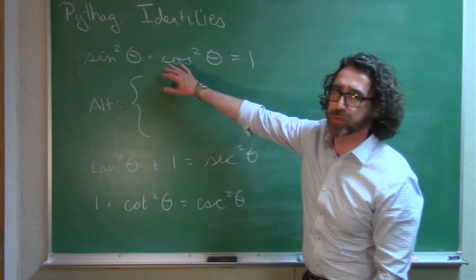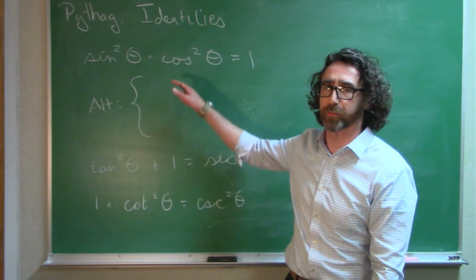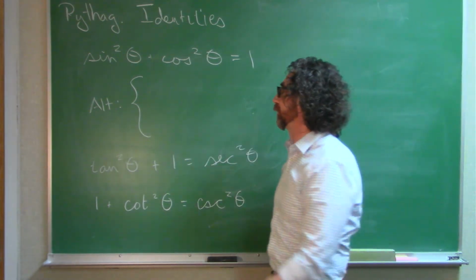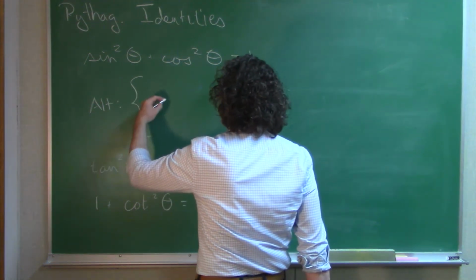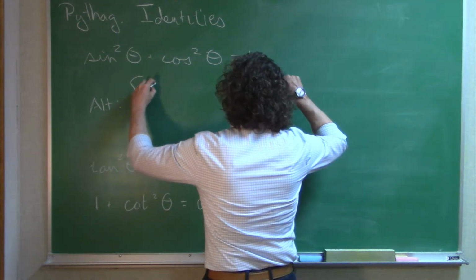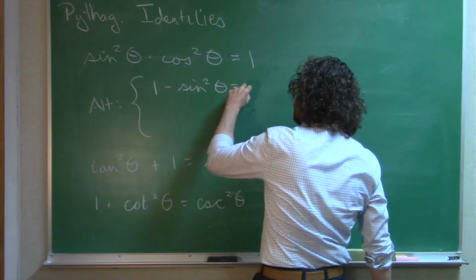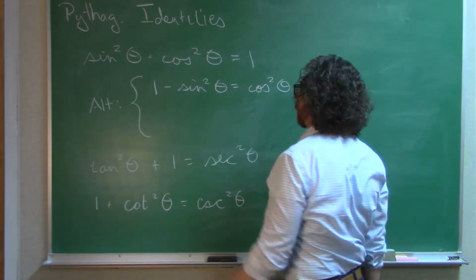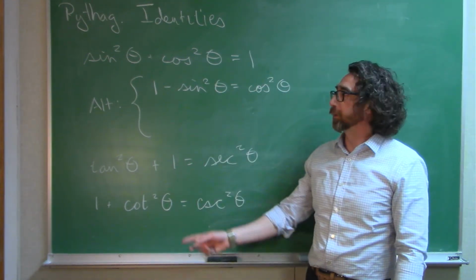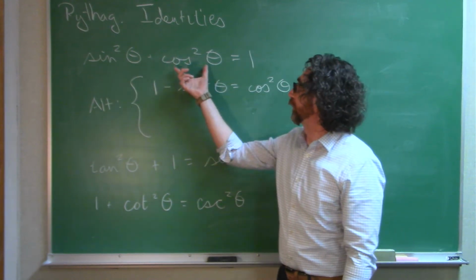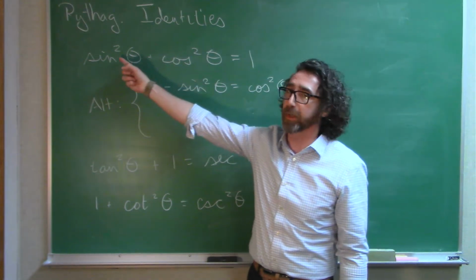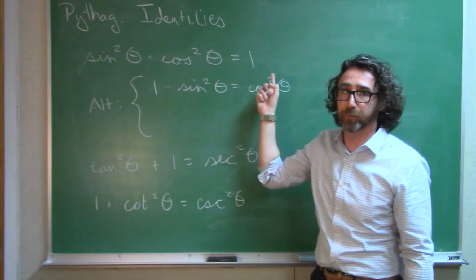Okay, this is kind of the most basic one because we can derive these other two from this one. But some alternatives to this are, like if I ever see 1 minus sine squared theta, that is equal to cosine squared theta. In other words, if I want cosine squared theta by itself, I would subtract sine squared from both sides.